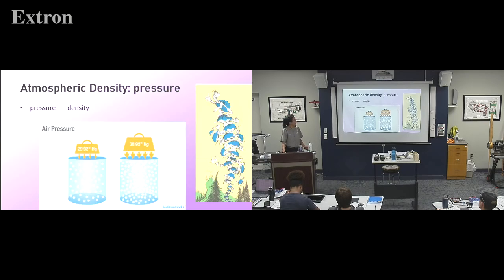So with atmospheric density and pressure, we were talking about gases yesterday, which air is a gas. So as you increase pressure, here we have 29.92 inches of mercury. Here we increased it.